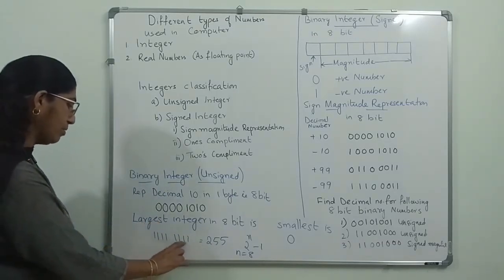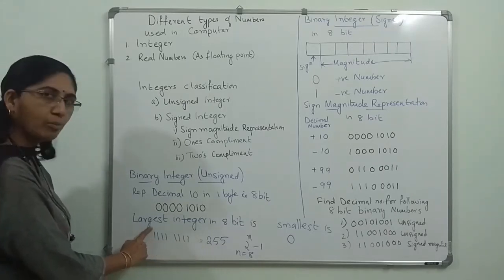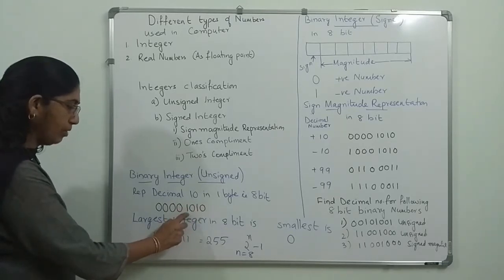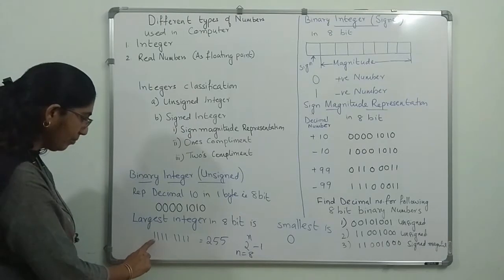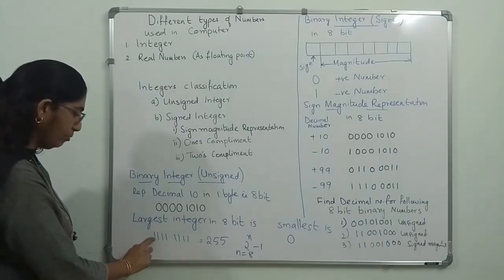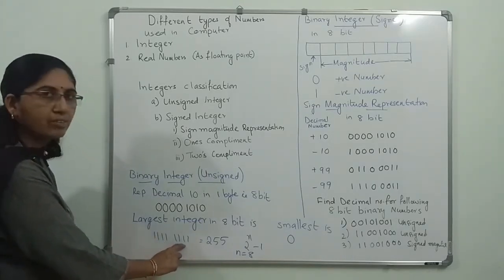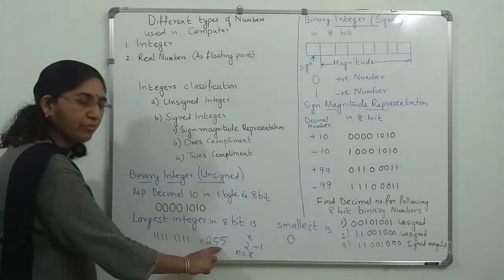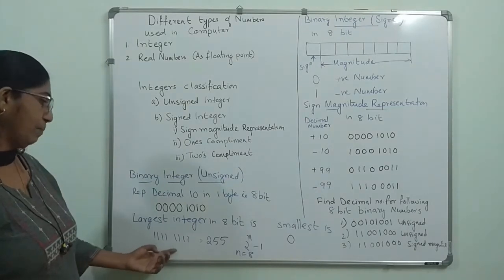Each 1 is multiplied by 2 raised to its place value: 2 raised to 0, 2 raised to 1, 2 raised to 2, up to 2 raised to 7, is it not? So this will come to 1 into 2 raised to 7 plus 1 into 2 raised to 6 and so on. You calculate, and you will find that the total value is 255.